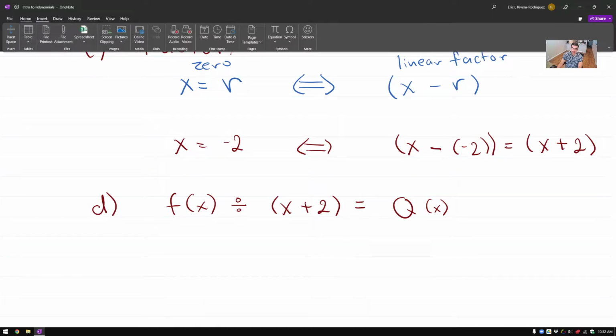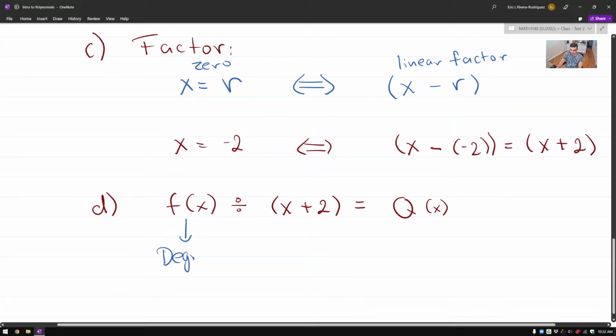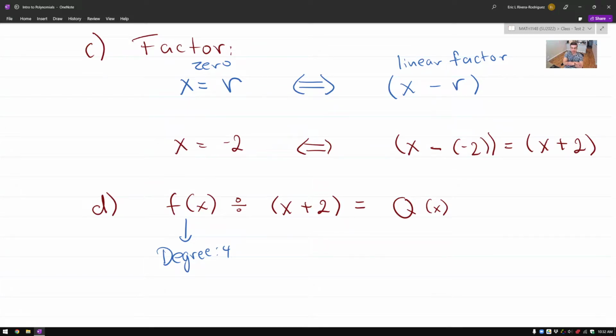The degree of our polynomial is 4. That means that the highest power that we got on that polynomial is 4. The factor that we found is a linear factor. That means that the highest power of that polynomial, because that's also a polynomial, is just 1.